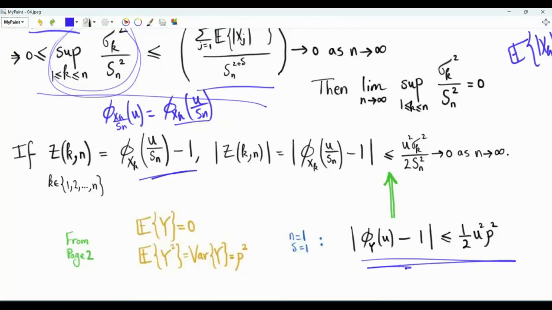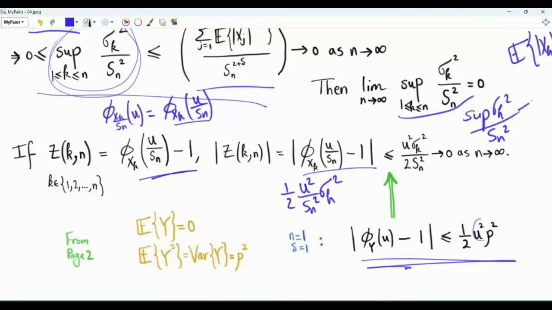Now in our case, this magnitude will be upper bounded by 1/2, and then the argument of the characteristic function is u over Sn. We need to square it, so we'll have u squared over Sn squared, and then we multiply by the variance of Xk, which is sigma k squared. From here, we know that the supremum of sigma k squared over Sn squared converges to 0 as n tends to infinity. So also this will go to 0 as n tends to infinity. The magnitude of z of k comma n tends to 0 as n tends to infinity. It becomes arbitrarily small as we increase n.